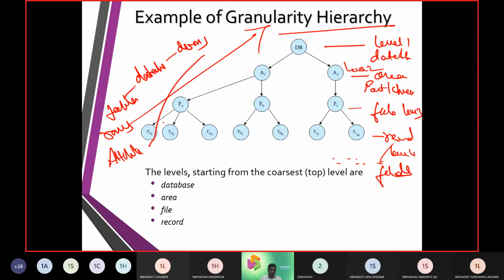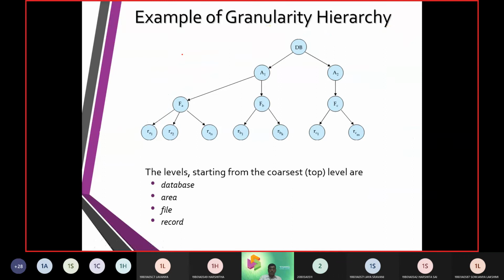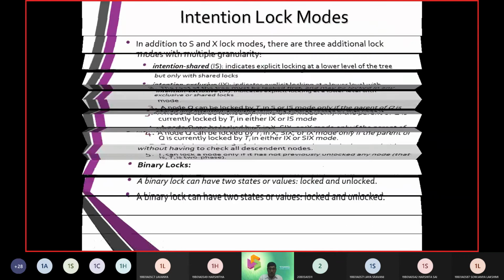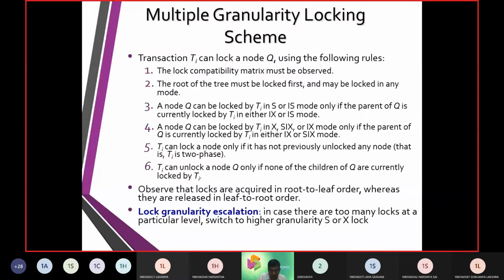So this is the way we are going through attributes, rows, tables, databases, and the entire DBMS content. This is how the granularity was mentioned in this case.